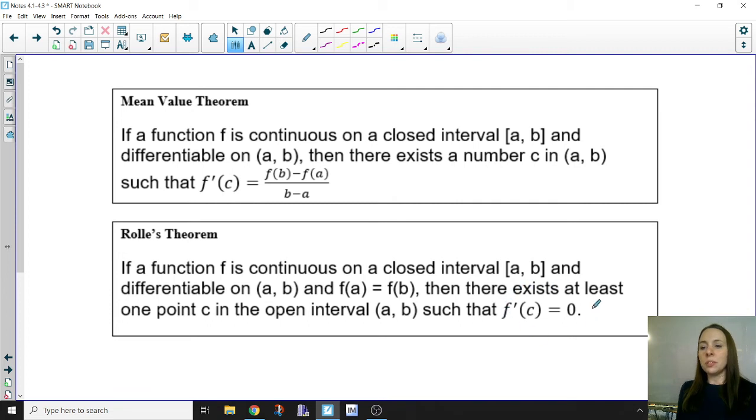And we use Rolle's theorem more often in this section because we usually are looking at places where our function at some point is equal to 0. But again, they're here for us and we're going to touch on them in this section just a bit, but we will come back to the mean value theorem a couple of different times throughout this year.